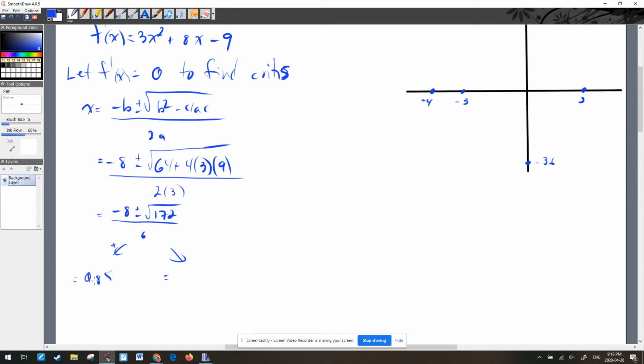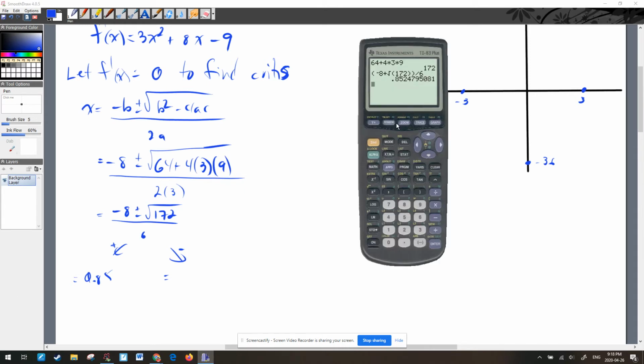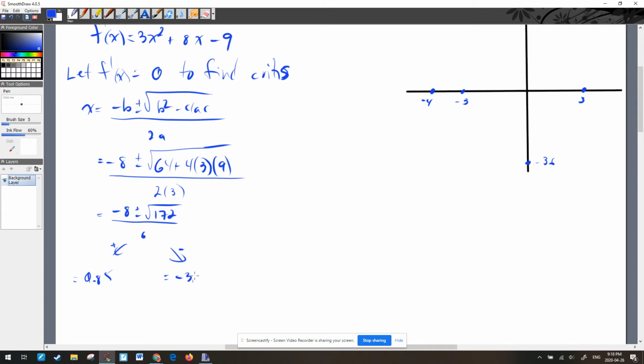And the minus branch, change this over to be minus, there we go, is going to have negative 3.52. So those are eligible to be critical values.